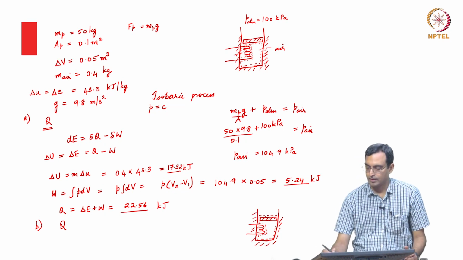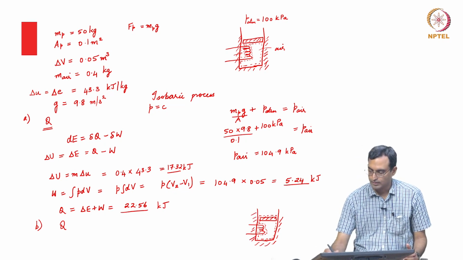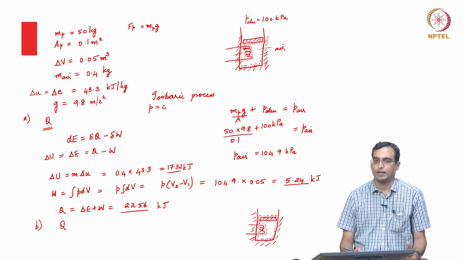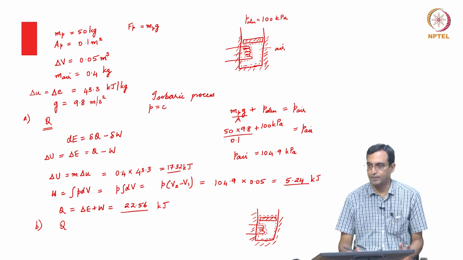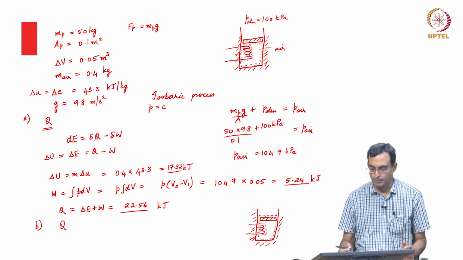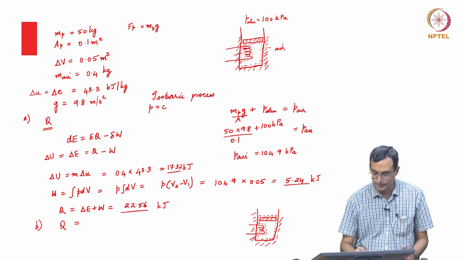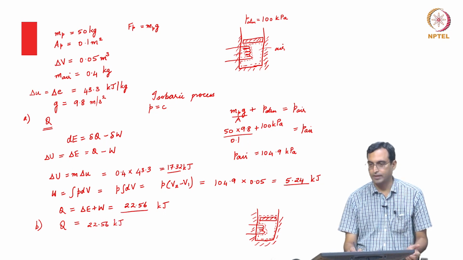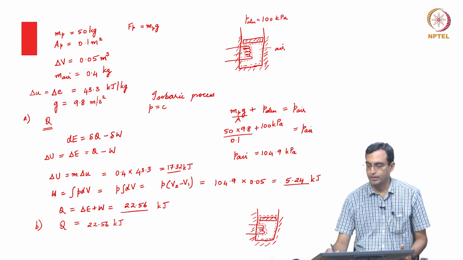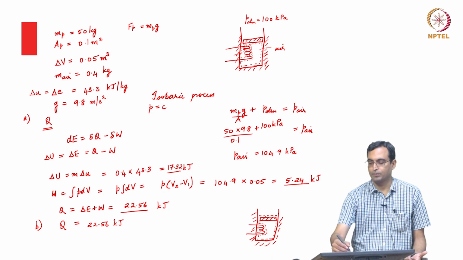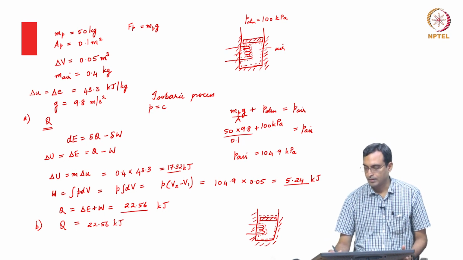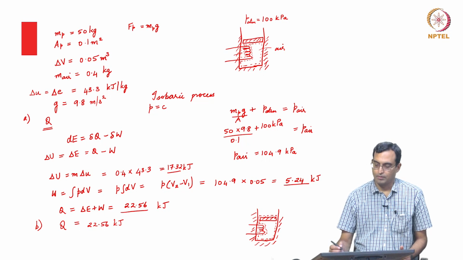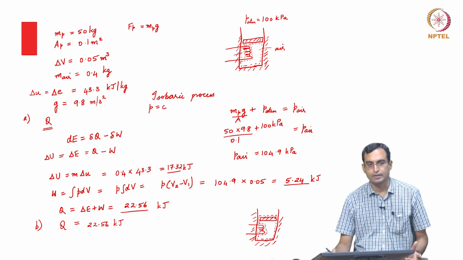So the heat transfer in this case, including this piston as part of the system, must be the same as in the previous case. Even without doing this problem, I can tell you that the heat transferred in the second case is 22.56 kilojoules, because I have calculated it earlier. This is insulated, there is no heat transfer to the top. Therefore, in both cases, however I analyze it, the heat transferred should be the same.